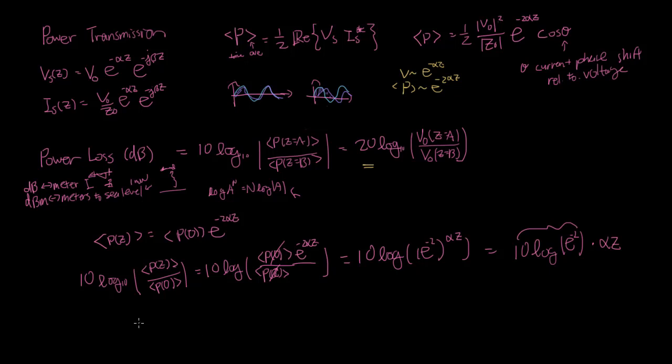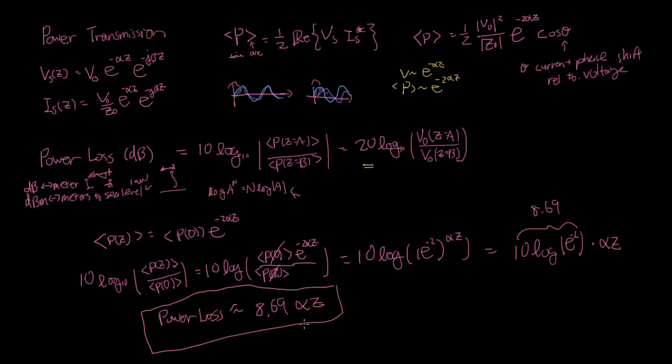And so by plugging that in, you can find that the power loss when compared to z equals 0 is about equal to 8.69 times alpha z. So this is a nice way to roughly estimate what the power loss is if you know what alpha is as a function of location. And it can be a general rule of thumb to estimate how your signal is going to decay in units of relative power as you propagate down, while using a cheaper calculator.